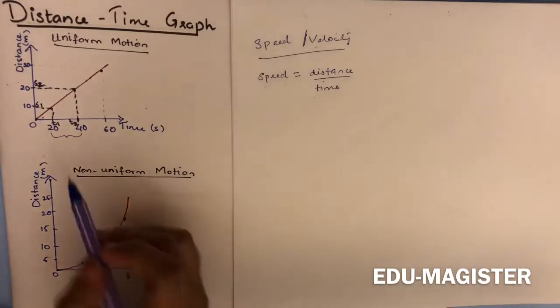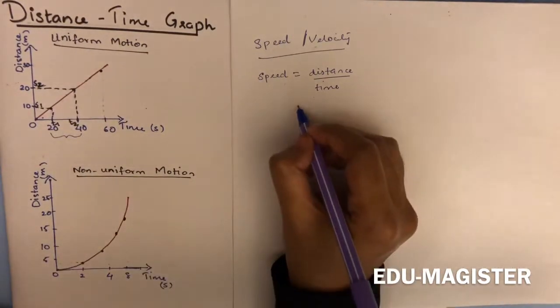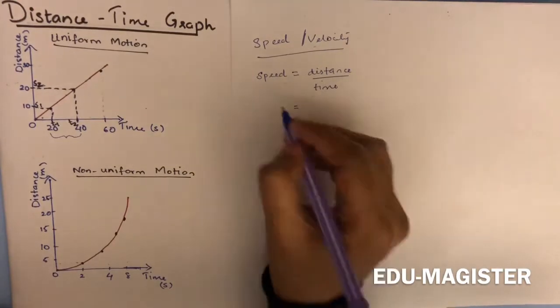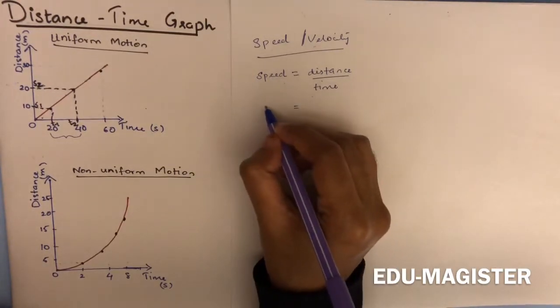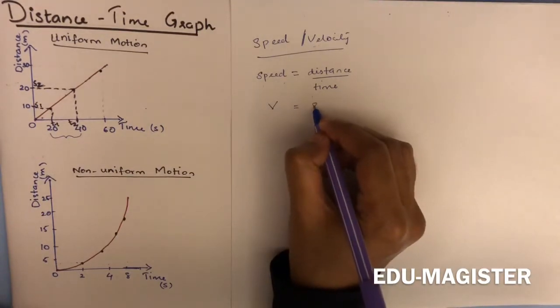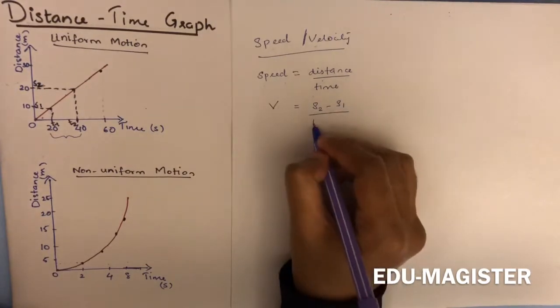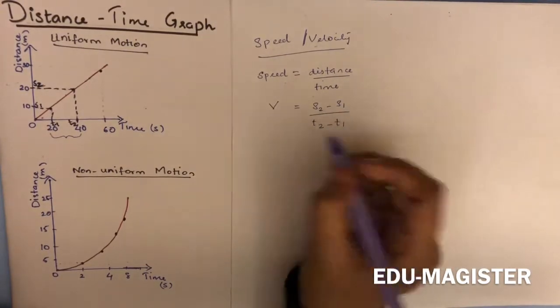So, now we are considering this interval, right? So, the formula for speed will be S2 minus S1 divided by T2 minus T1.